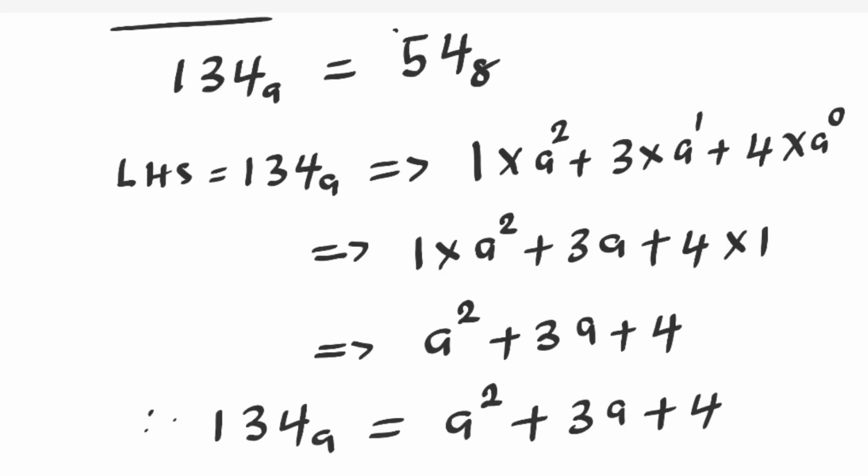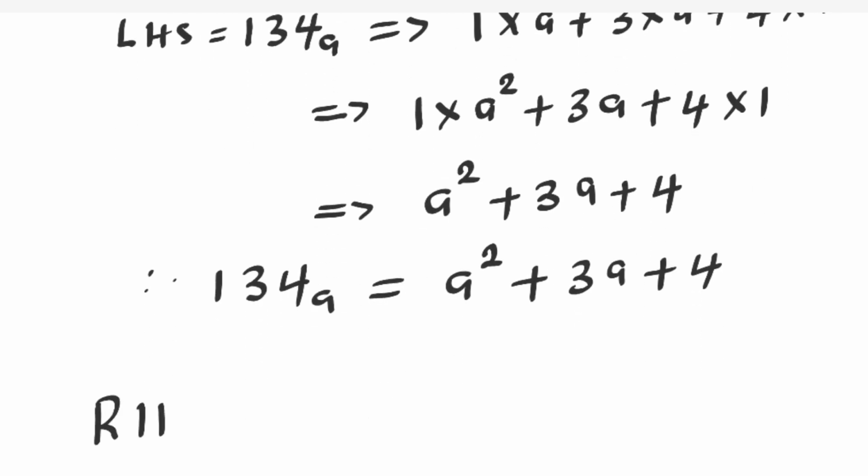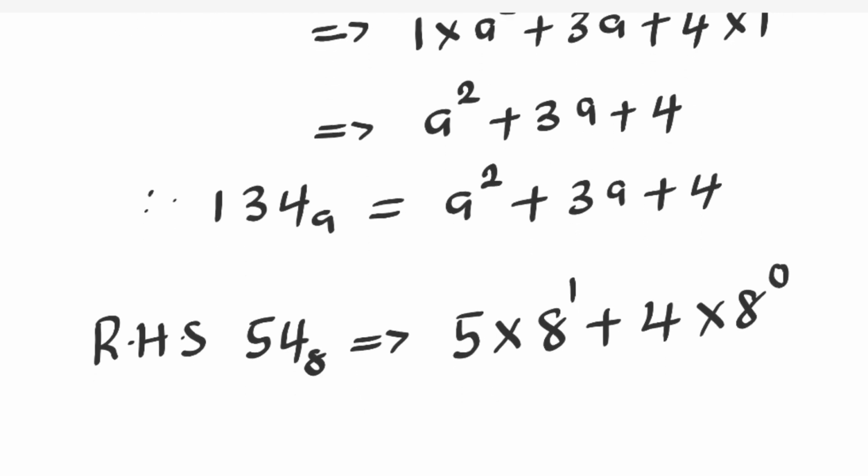Let us consider the right hand side here. That is, we have right hand side 54 base 8. This can be written as 5 multiplied by 8 plus 4 multiplied by 8. We want to convert it to base 10. This is 8 raised to power 0 and 8 raised to power 1.